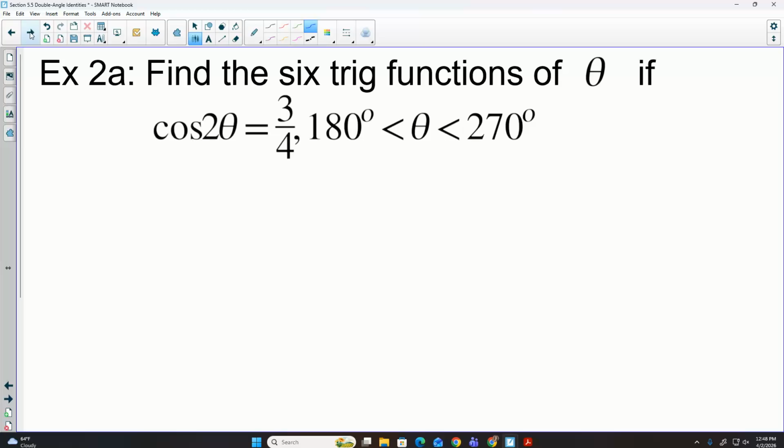All right, what did I change? What I'm finding, instead of finding values of 2 theta, I'm asking for values of theta, right?